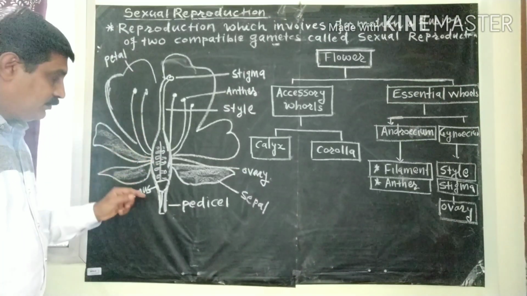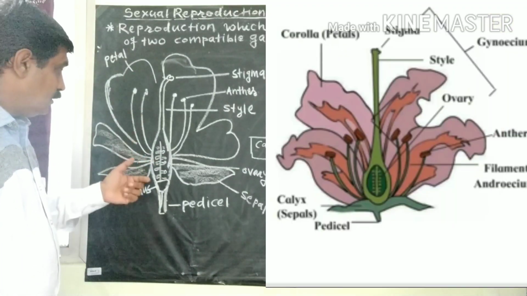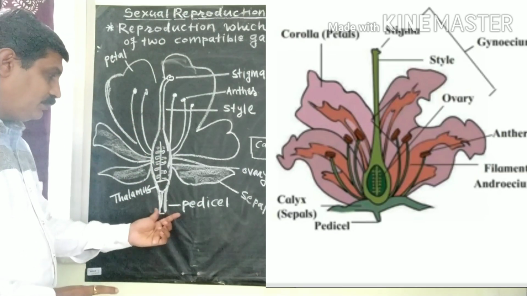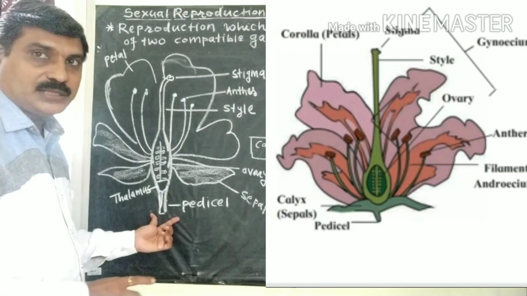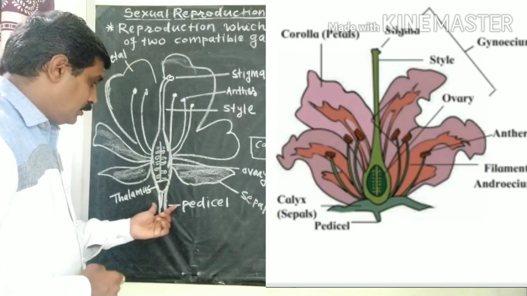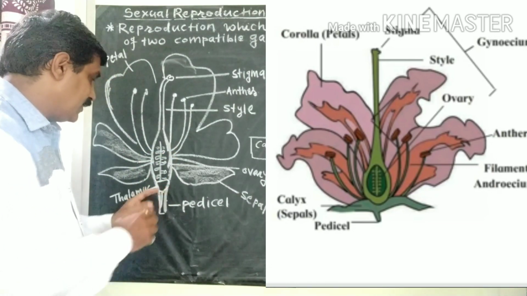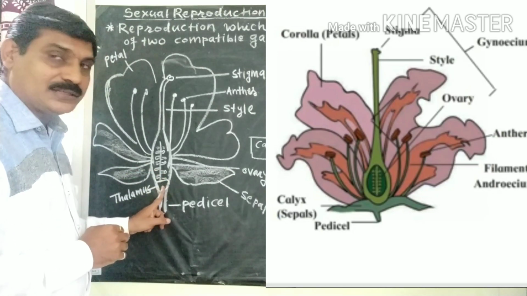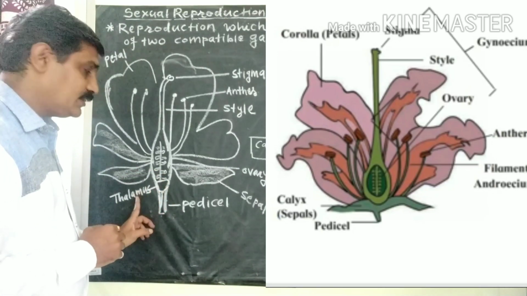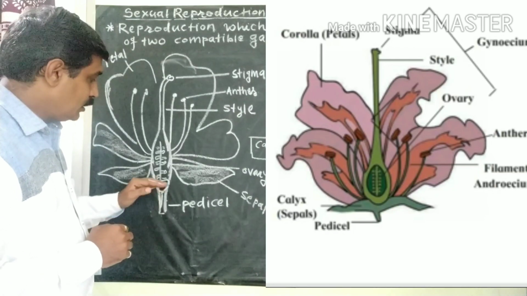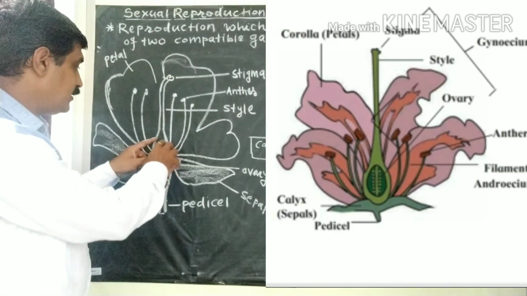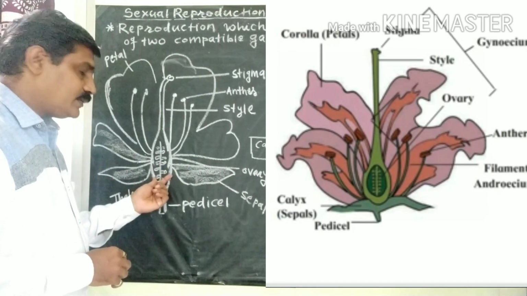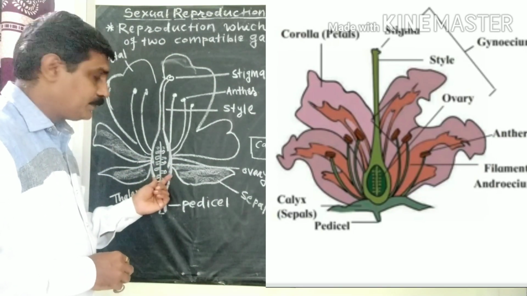In this diagram, we observe on the bottom side there is a pedicel present. Above the pedicel there is a broad triangular shaped green part, that is the thalamus. Above the thalamus there is an oval shaped part, which is part of the carpel.